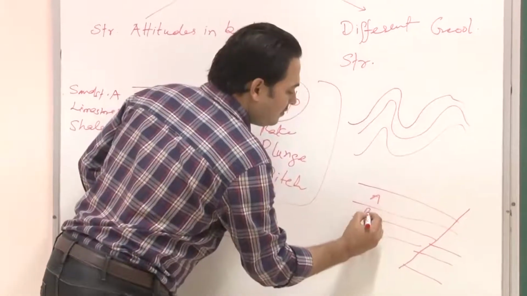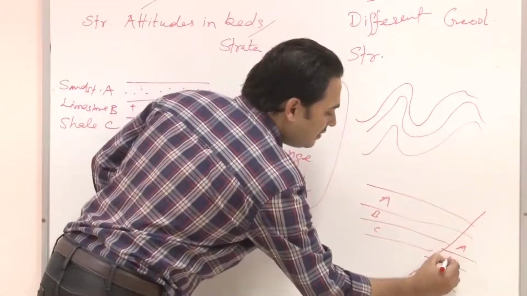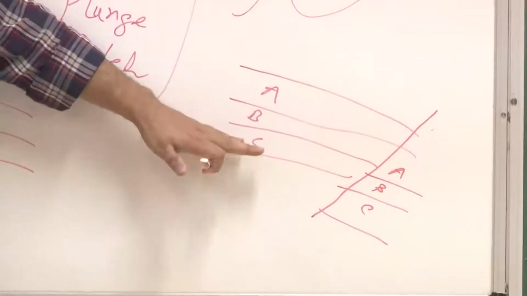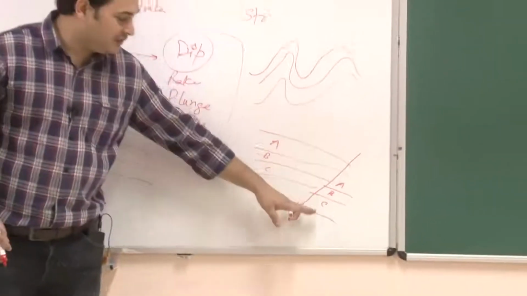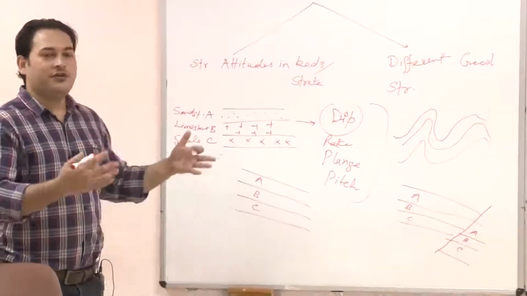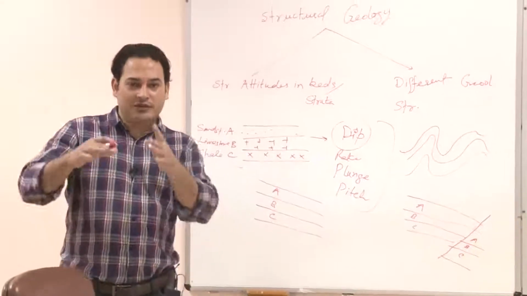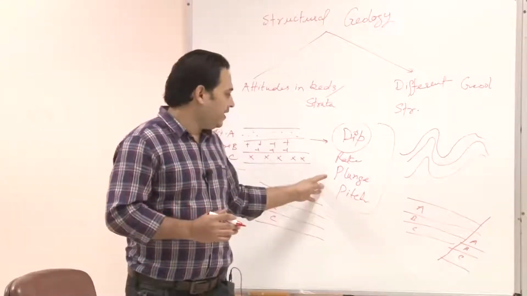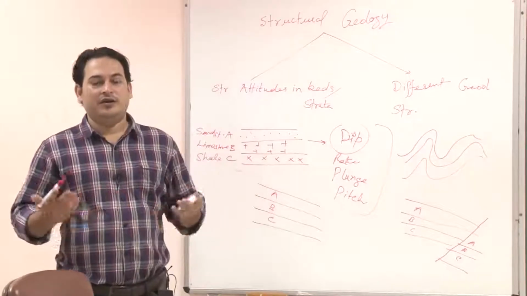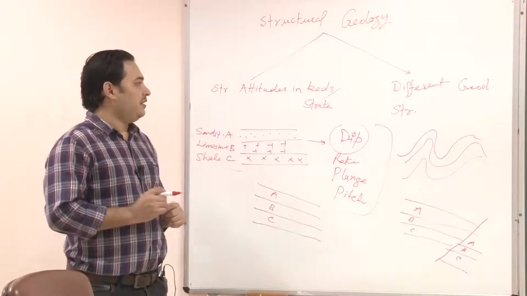This is A, B, C and this is A, B, C. This part of the strata has gone up with respect to this block. So there is faulting, and many kinds of geological structures may form when there are disturbances in the earth crust.